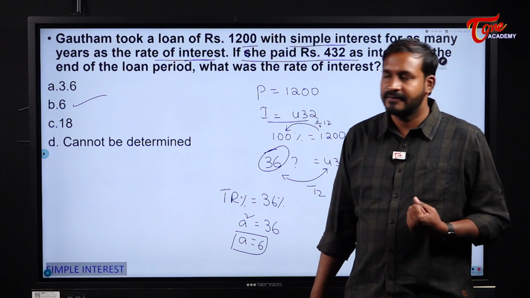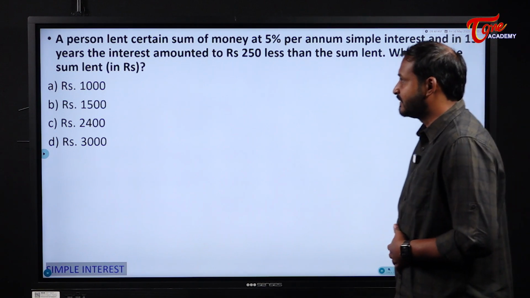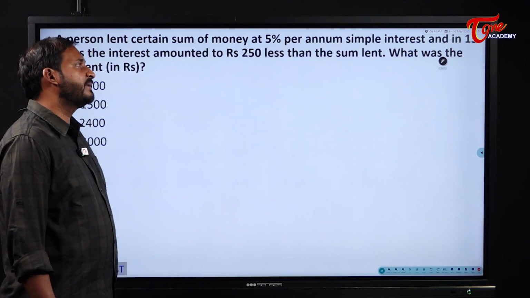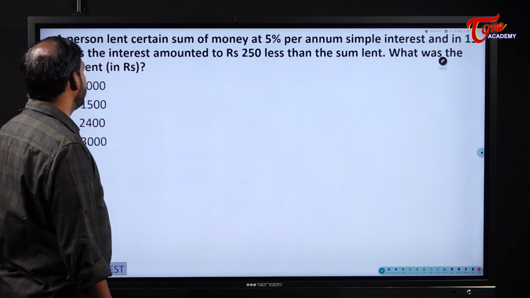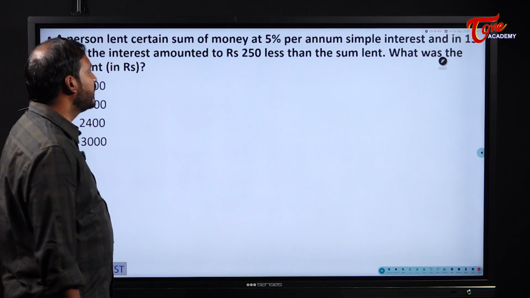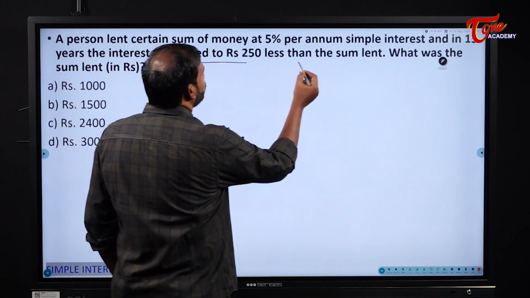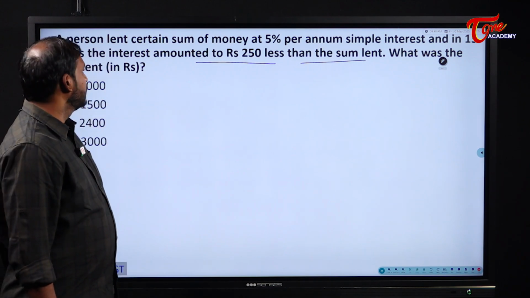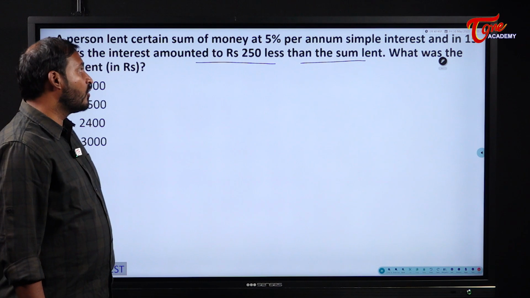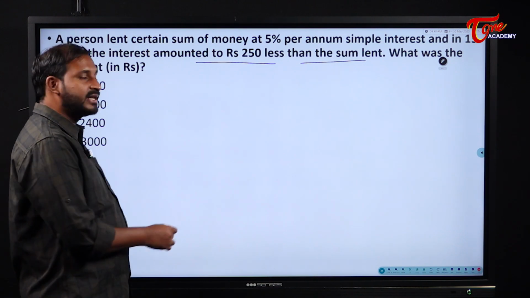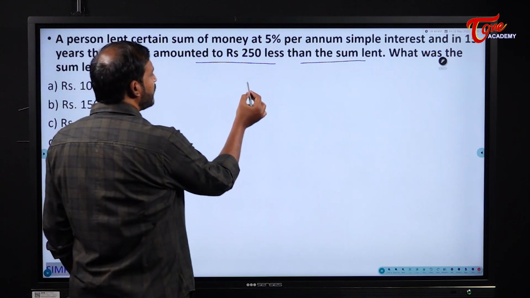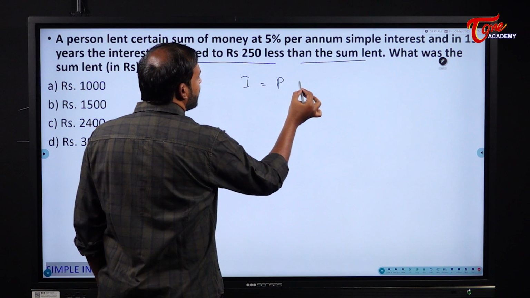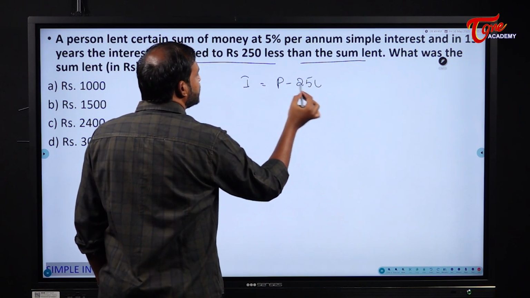6. Okay. Next one. A person lent a certain sum of money at 5% per annum simple interest, and in 15 years the interest amounted to rupees 250 less than the sum lent. Please see here, in 15 years the interest amounted to, that means the interest is equal to principal minus 250.